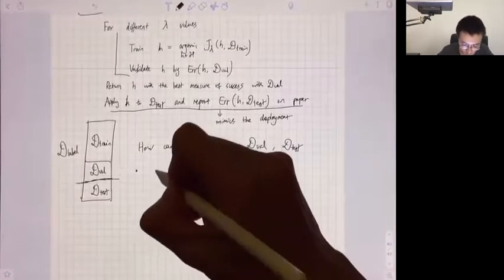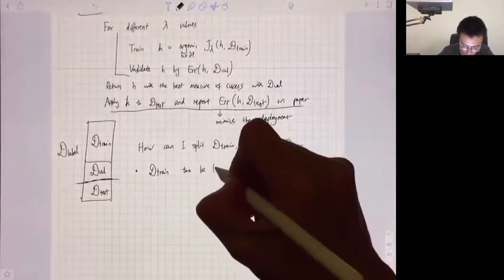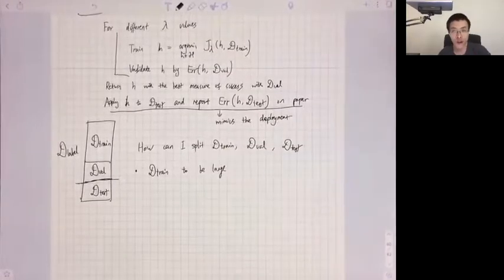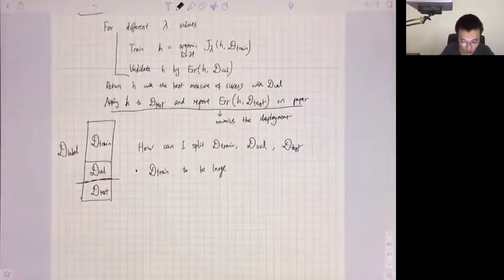So definitely I want D-train to be large. Right? If I have a large data set, usually my model is unlikely to be overfitting, right? If I have only 3 samples, then of course I can remember all the samples. I'm not learning the true pattern of my data. If you have thousands of samples, then I have to learn something intrinsic to the data. If I just remember the data samples, my model does not have the capacity to memorize all the things, okay? So I want my D-train to be large.